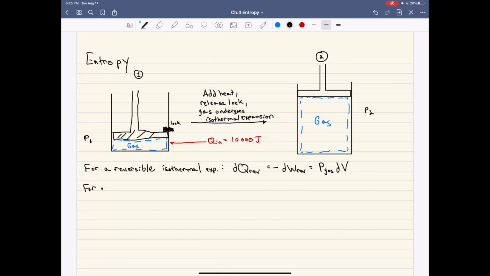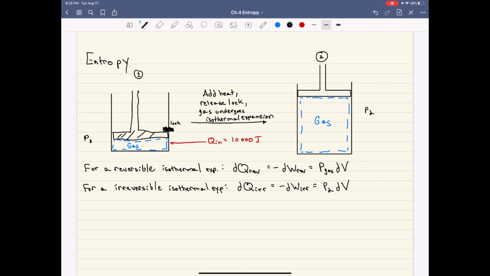For the irreversible isothermal expansion, our dq IRR was equal to the negative of dw IRR, and we know that's just equal to the pressure at state 2 times dV.